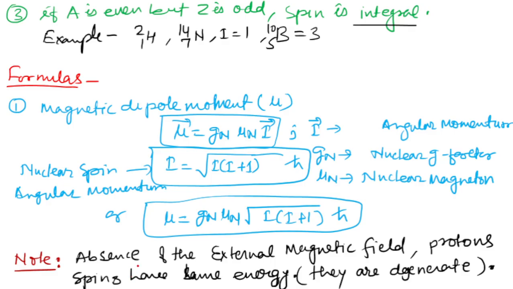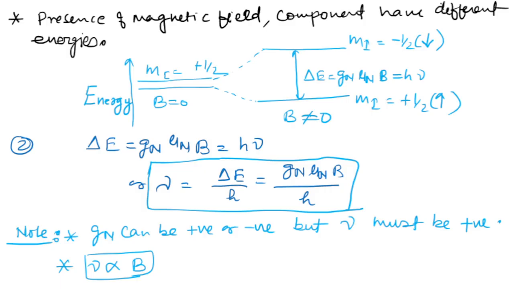Now let's discuss the relation between the absence and presence of a magnetic field, and how the energy level is affected. Note that in the absence of an external magnetic field, the proton spins have the same energy; they are degenerate. But in the presence of a magnetic field, the components have different energy.